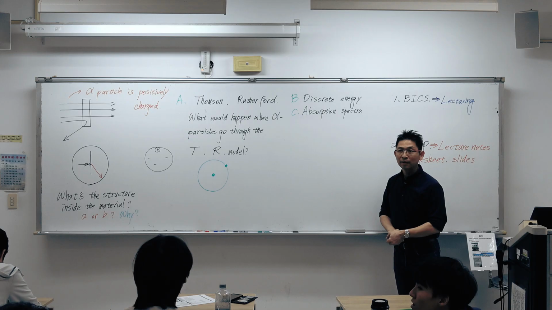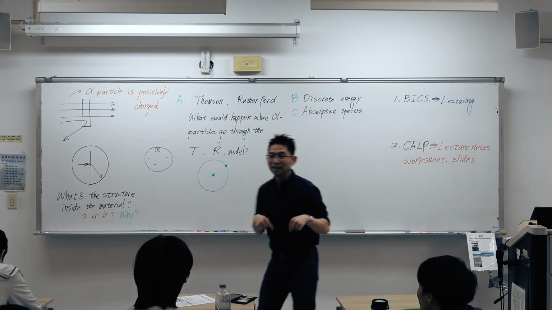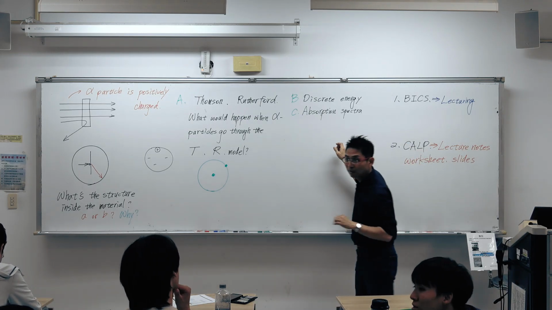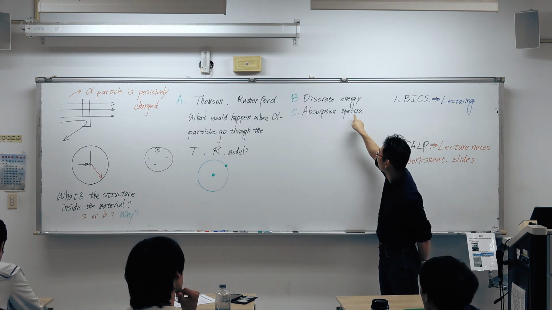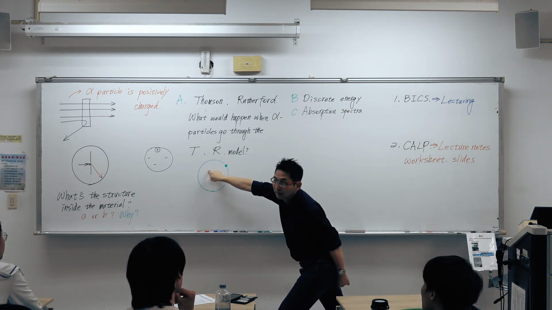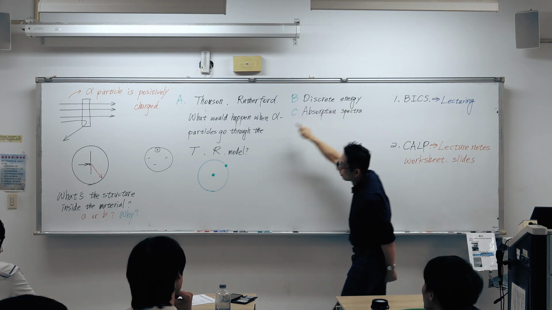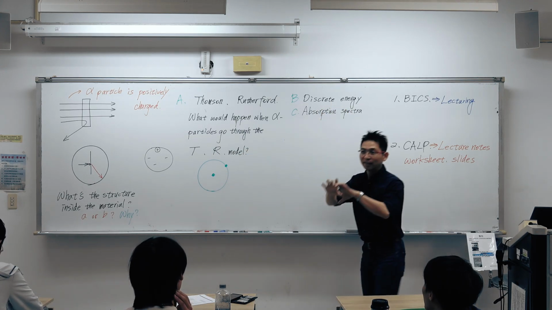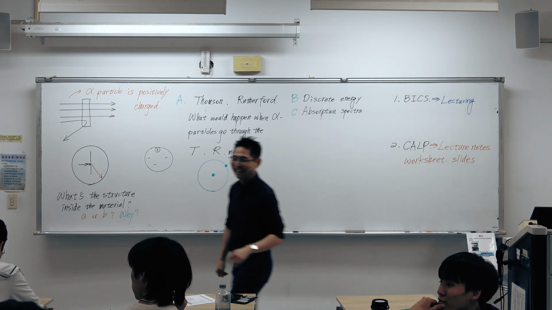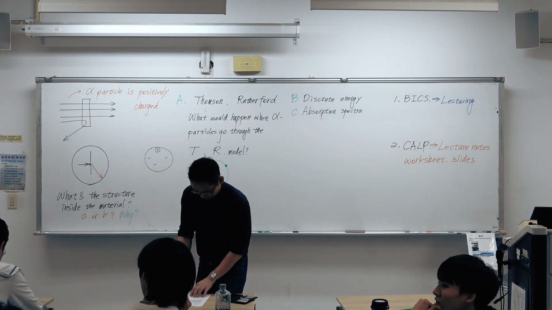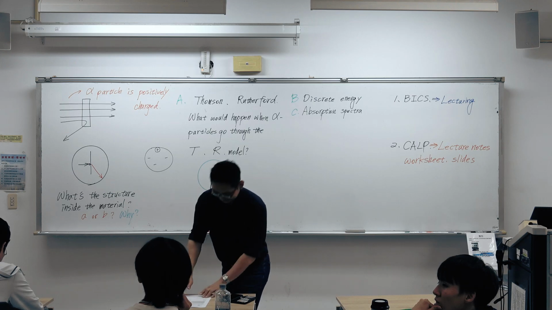For this unit, we just need to talk about the energy, right? We just talk about the absorption spectra of the atom, and also the discrete energy of the atom, not the photoelectric effect. But how can we tell students, because here we're going to talk about electrons.